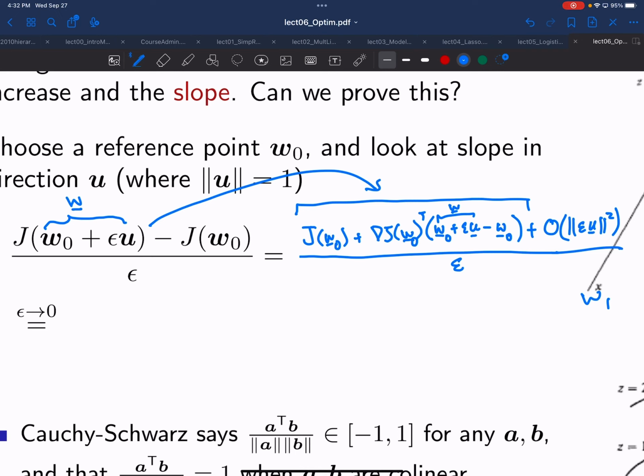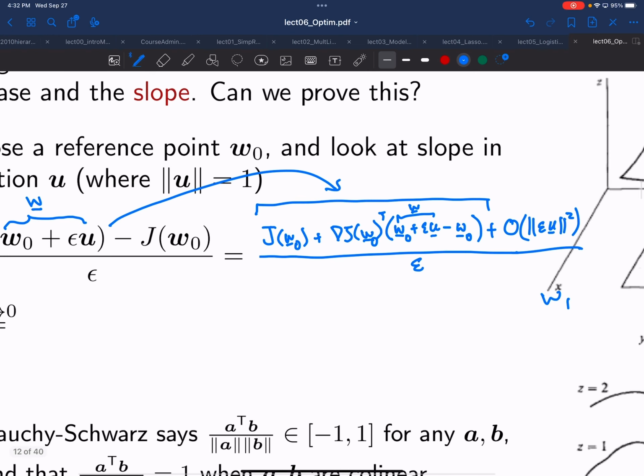Don't be afraid to ask. No? Everybody's good? Okay. So now we can do some simplifications. Oh, sorry, I forgot to write this last term. I'll squeeze it over here: minus J(w0).